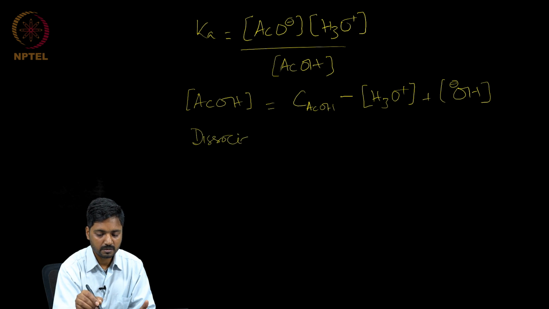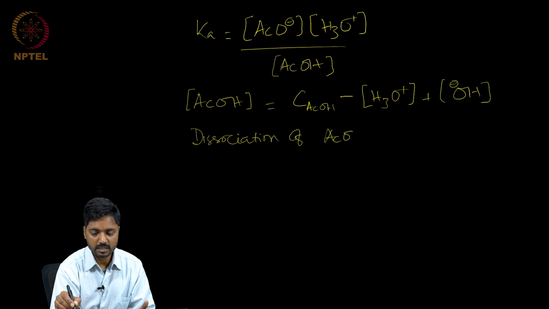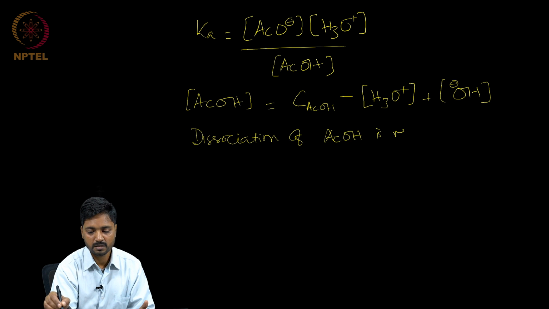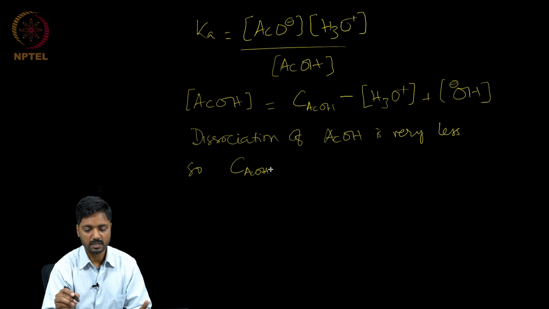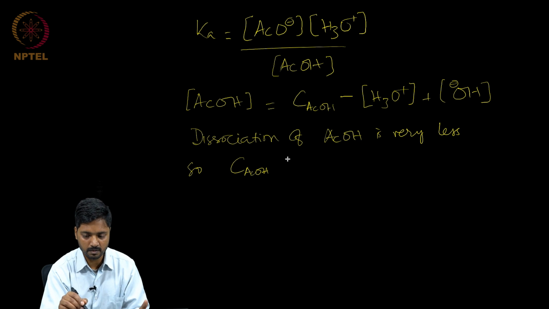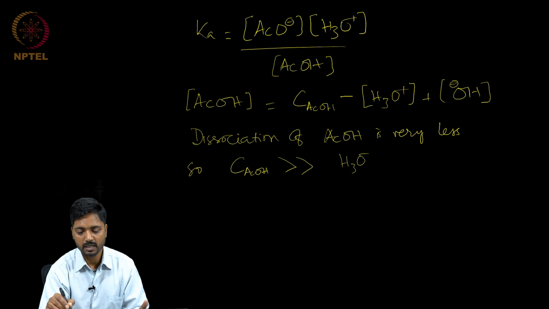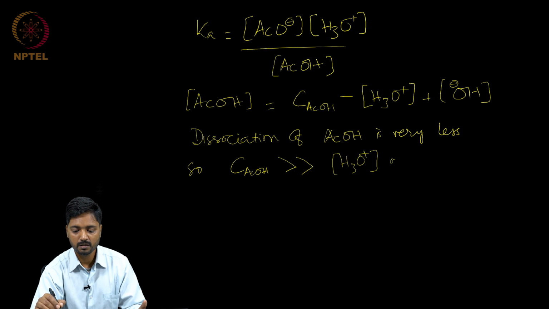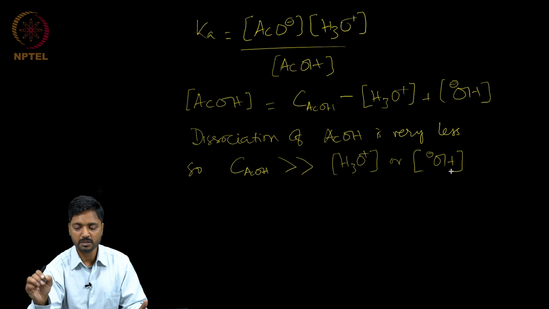Now, we also make a presumption that the dissociation of acetic acid is very small. So, the concentration of acetic acid that we begin with is much greater than either the hydronium ion concentration or the hydroxyl ion concentration.